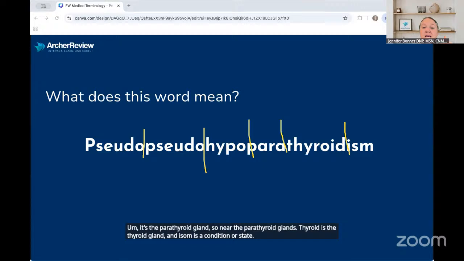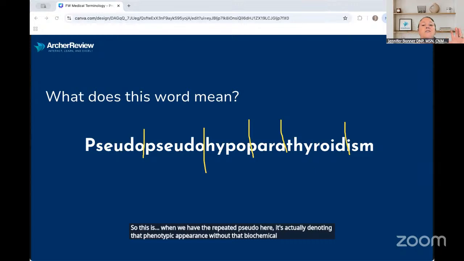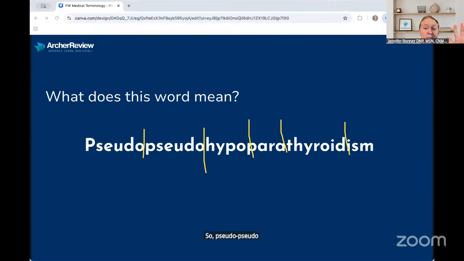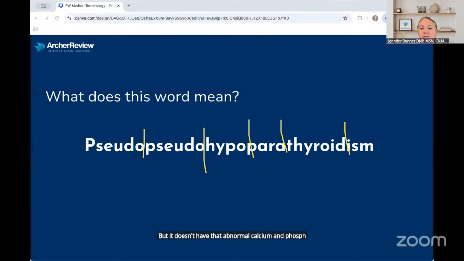When we have the repeated pseudo here, it's actually denoting a phenotypic appearance without that biochemical abnormality. So pseudopseudohypoparathyroidism is a rare inherited disorder that mimics the physical features of pseudohypoparathyroidism, but it doesn't have that abnormal calcium and phosphate levels. Okay, that one was a little tricky.